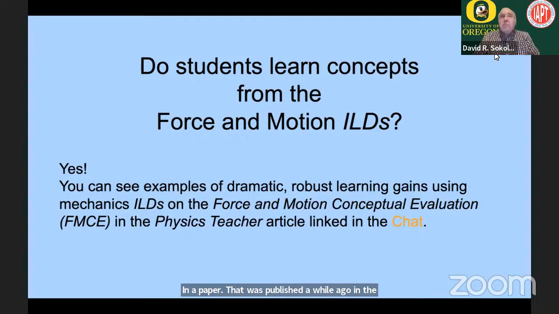You can download that paper using a link that has been put in the chat for you. So copy that link, and after this session is over, you can feel free to download that paper and look in it, and you'll find that there are examples of dramatic and robust learning gains based on students doing the force and motion interactive lecture demonstrations, with the testing being done by the force and motion conceptual evaluation.